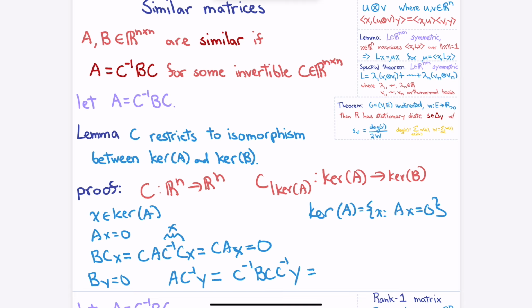The C and C minus 1s cancel out. Like that. And you get C minus 1, 0. Okay. All right. Not so exciting. At some level, when we say that C essentially preserves all linear structure, then this shouldn't be too surprising that it also preserves the kernel.